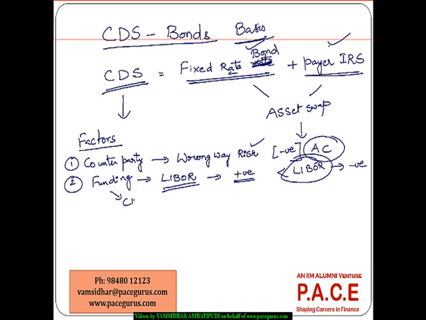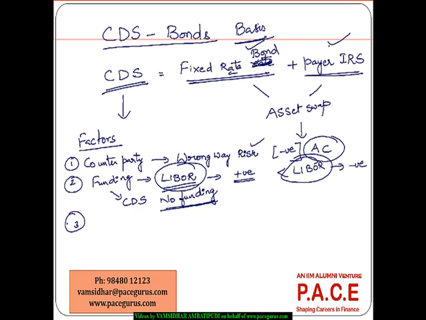Now this is where CDS requires no funding, whereas with respect to the bonds, we are talking about funding which is above or below LIBOR. If the funding is above LIBOR, the bond yield is going lower, the bond spread is decreasing, which means the CDS minus the bond is becoming more positive, and vice versa.